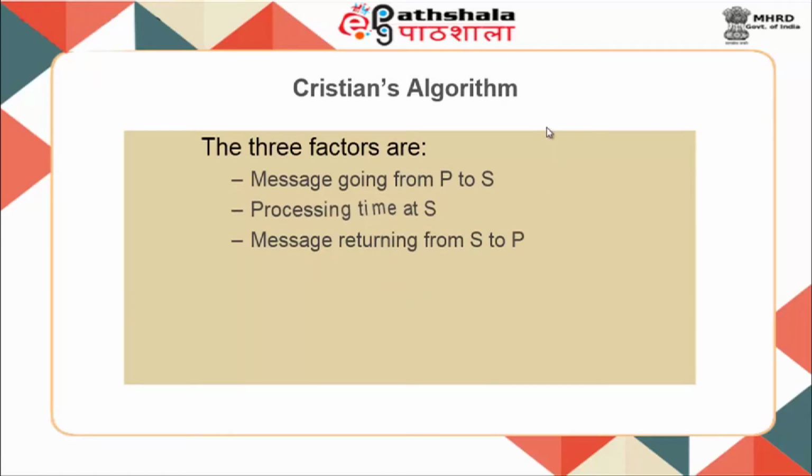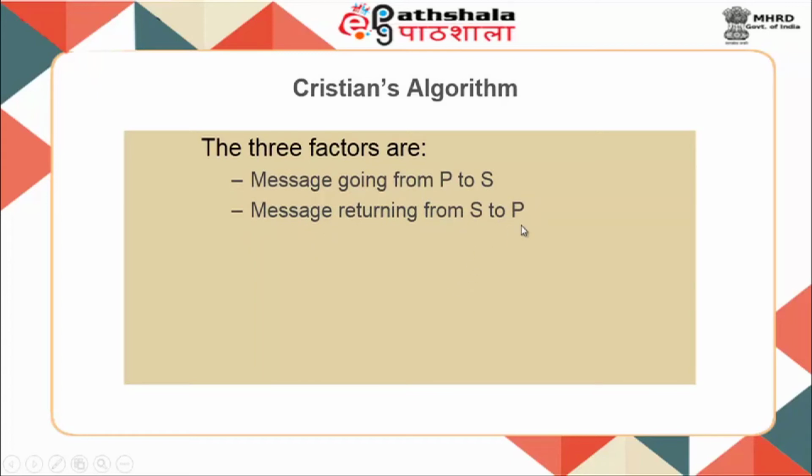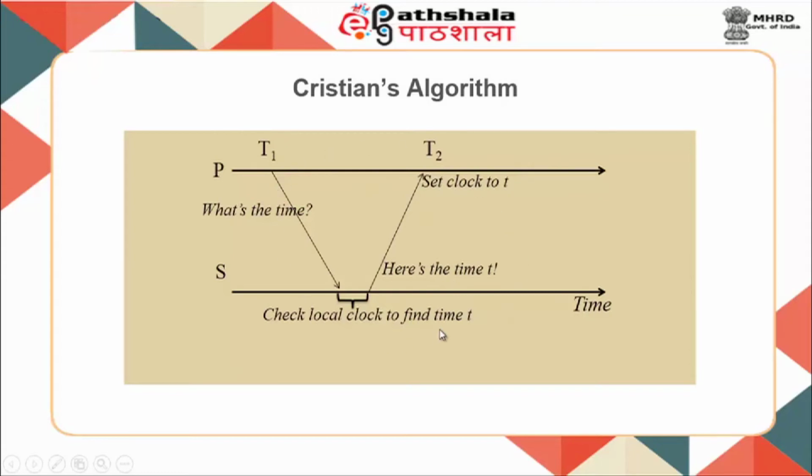Here the processing time is actually quite negligible, because that is the time server and the job of a time server is to do this. So, we can ignore that, but the other times we cannot ignore, and this is called the round trip time, or RTT. If we look at our diagram, the RTT is the time between T1 and T2.